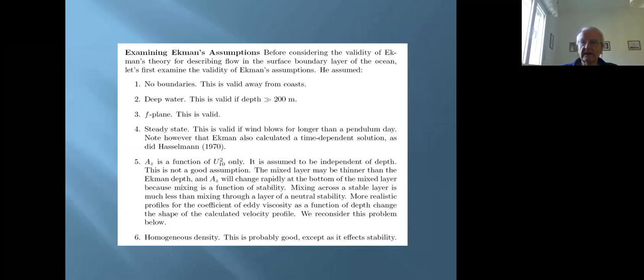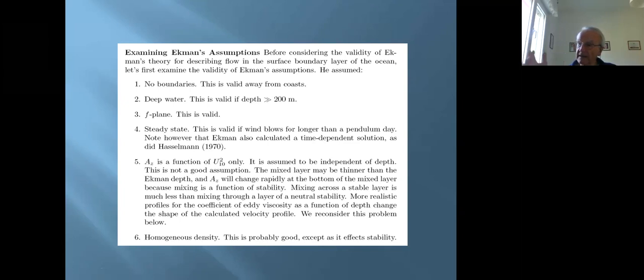The next assumption is that AZ is a function of U10. I won't go into much detail. And then finally, it's homogeneous density. This is probably good, except as it affects stability. Homogeneous density means that the density doesn't change too much with depth. This is also not a bad assumption, because the density changes very strongly in a very thin surface layer.